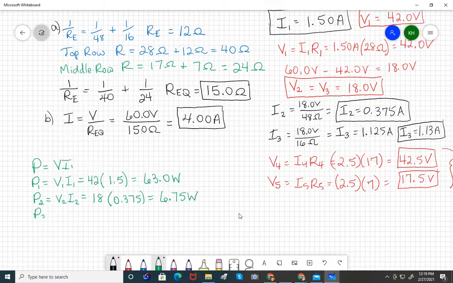The power in the third one, it too had the 18 volt drop, but its current was 1.125. I don't want to round in an intermediate answer. And that comes out, it rounds to 20.3 watts.